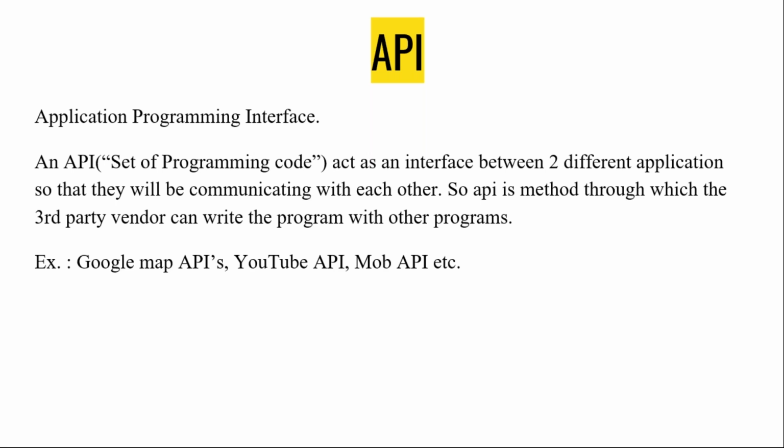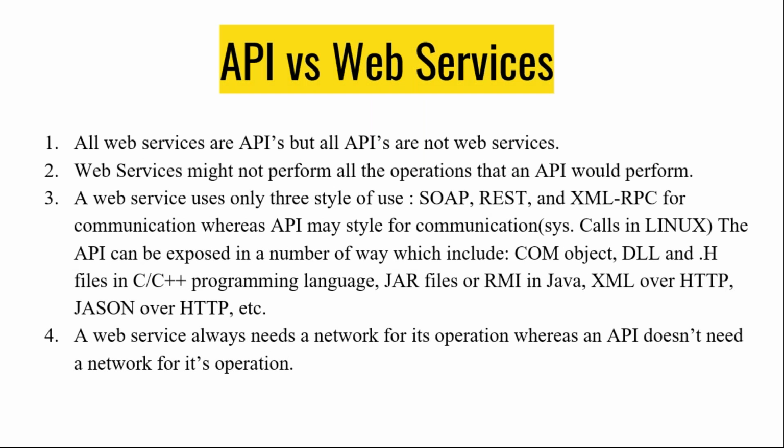Web services use only three styles of communication: SOAP, REST, and XML-RPC, whereas an API may use any style of communication, such as a system call in Linux.